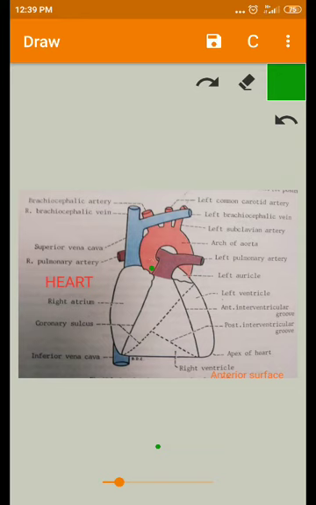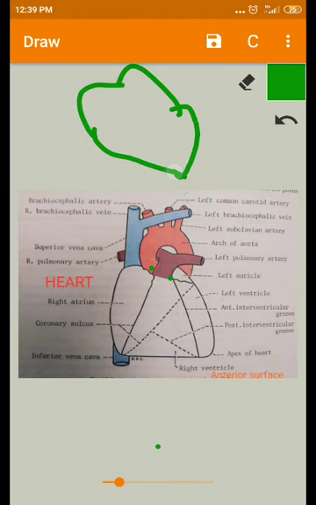Next, the anterior interventricular groove. In the heart, these are auricles and these are ventricles. This is called the atrioventricular groove, which is a circular sulcus or coronary sulcus, and this is separating the atria from the ventricles, whereas the interatrial sulcus is separating the two auricles.